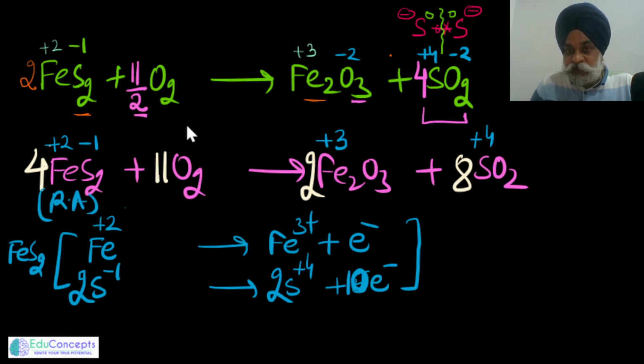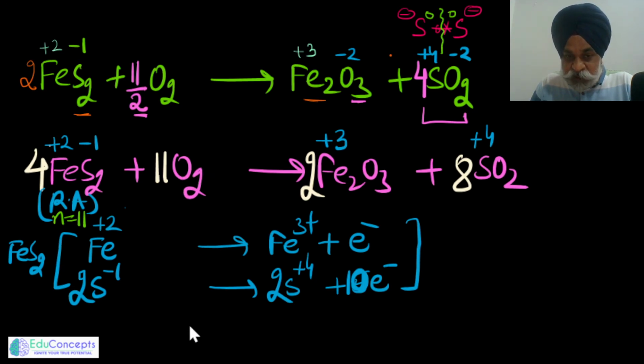So what is nFactor for any reducing or oxidizing agent? nFactor for a reducing agent is the number of electrons per mole it is losing, and for an oxidizing agent, per mole it is gaining. So 1 mole of FeS2 during this reaction has lost 11 electrons. If it has lost 11 electrons, there must be someone who is going to take those electrons.